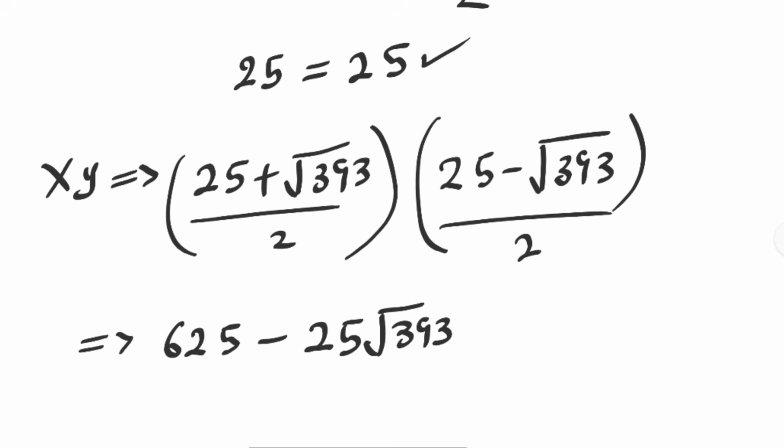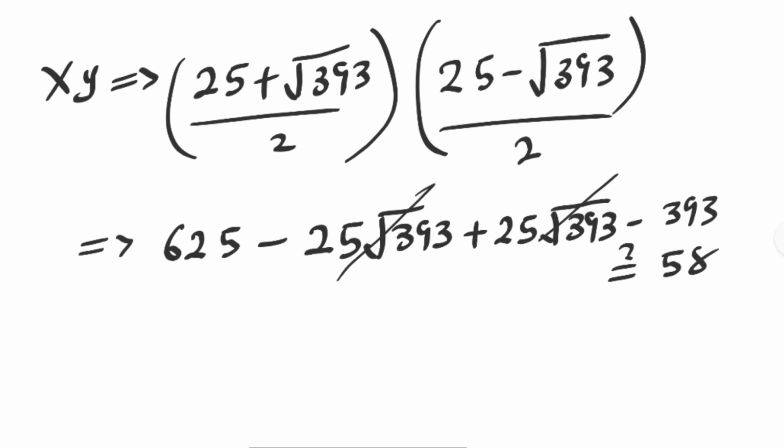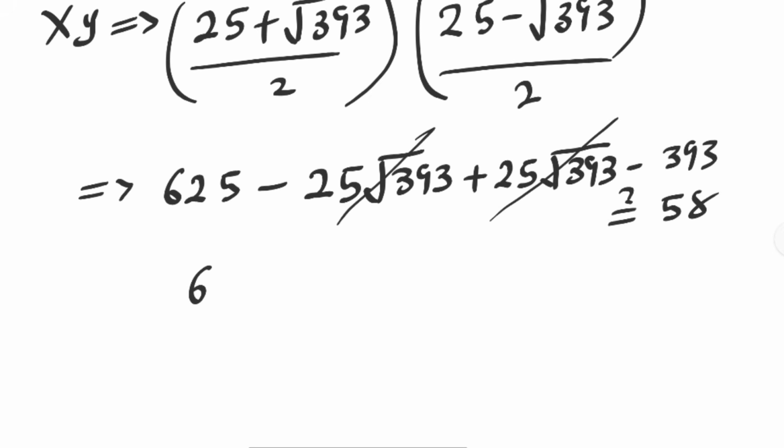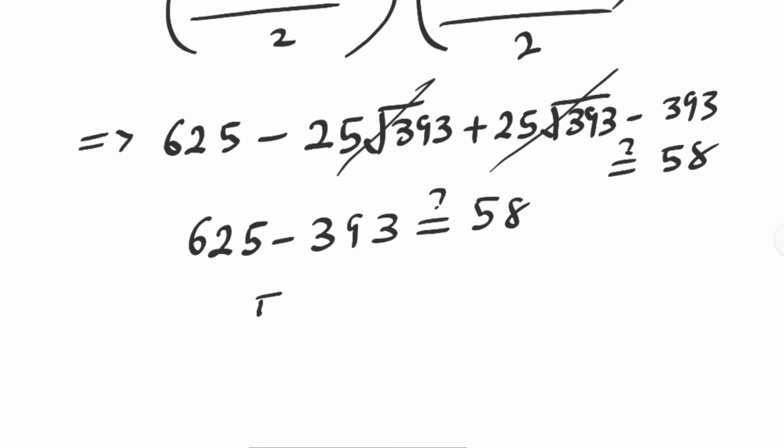Root 393 multiplied by 25 is plus 25 root 393. Then root 393 multiplied by minus root 393 is minus 393, must be equal to 58. This cancels this. We have 625 minus 393 must be equal to 58. And of course, 625 minus 393 is 58, which is equal to 58, which is true.